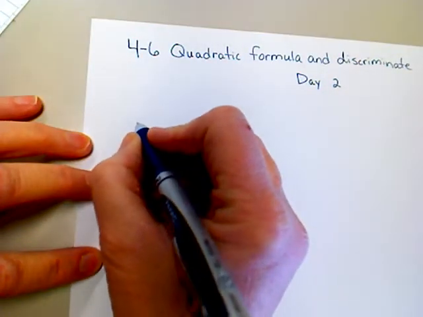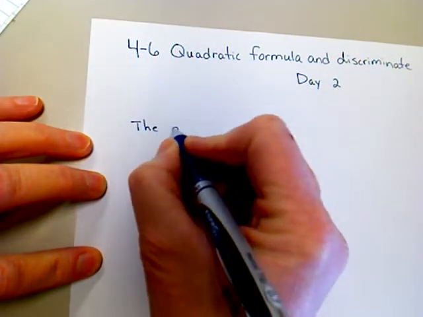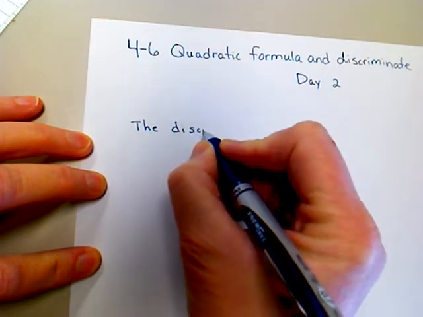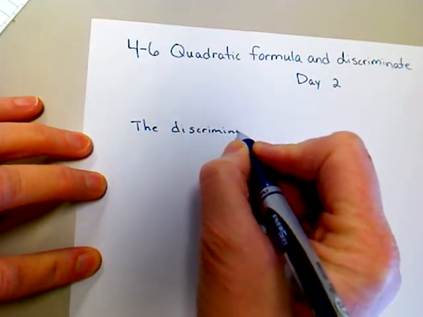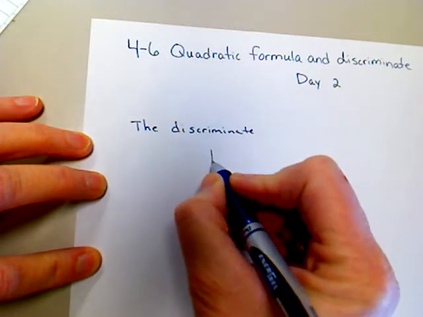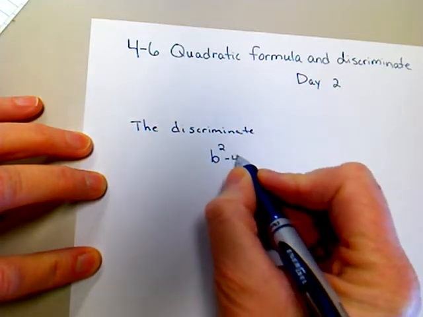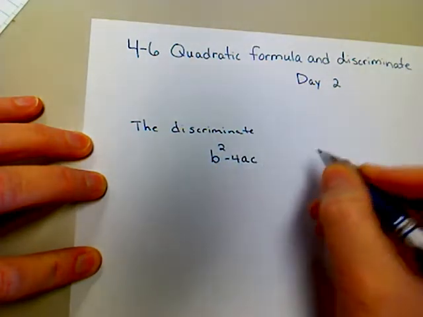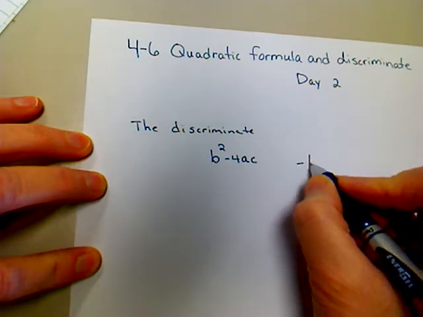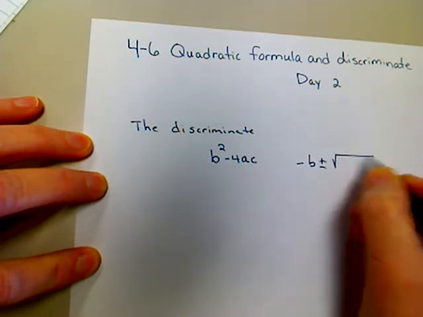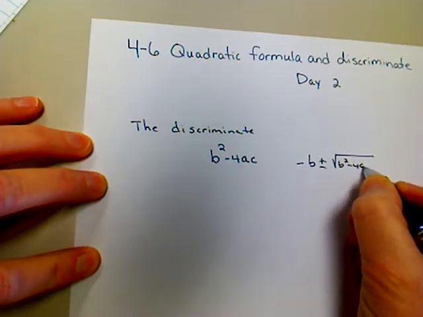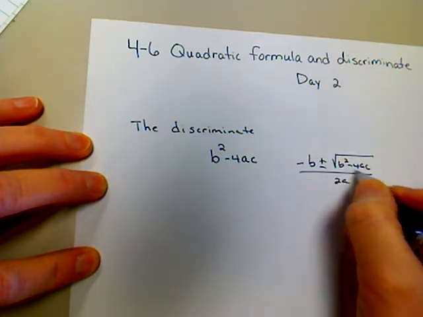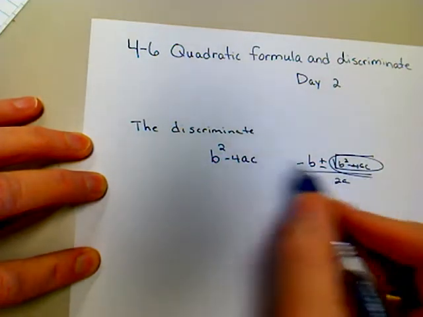The formula for the discriminant is b squared minus 4 times a times c, and that comes from the quadratic formula with what's underneath the radical. Okay, these two numbers, this is the discriminant.